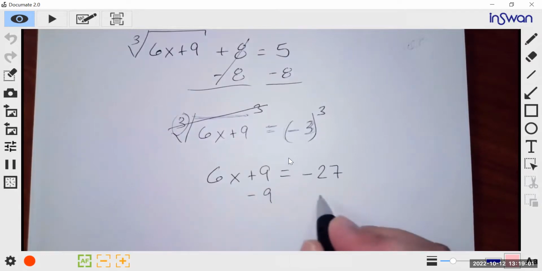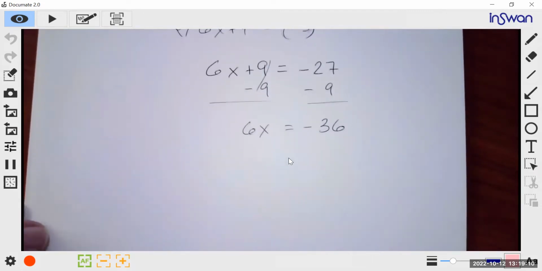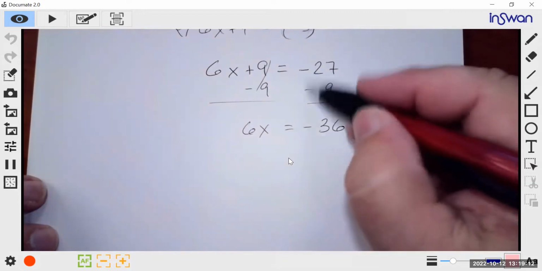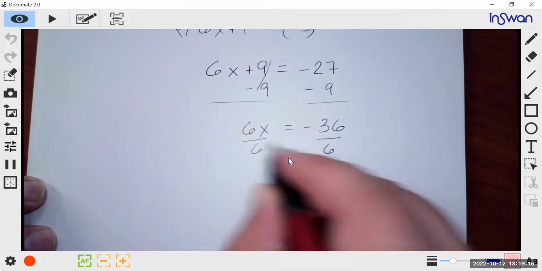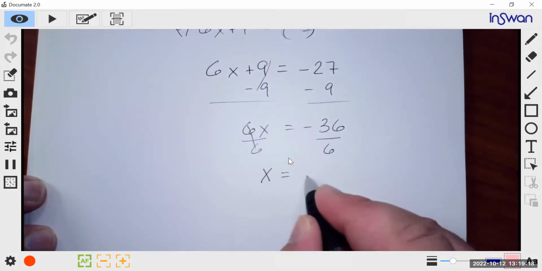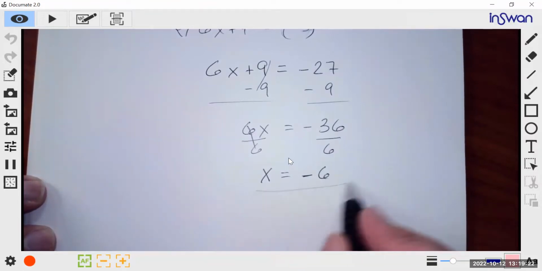Minus 9. 6x equals negative 36. They're both negative. Add the two numbers. Divide by 6. X equals negative 36 divided by 6 is 6.